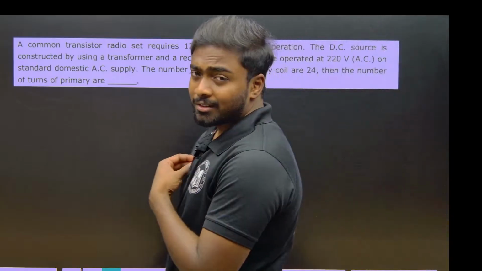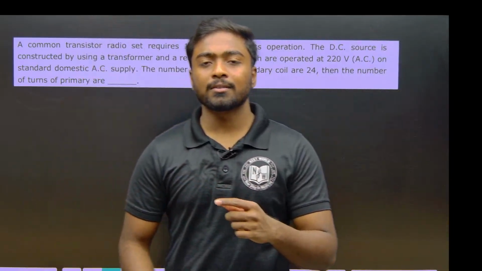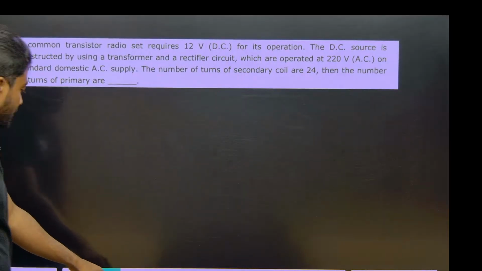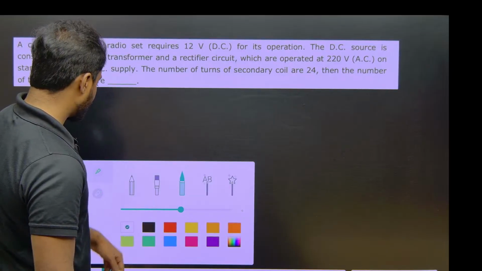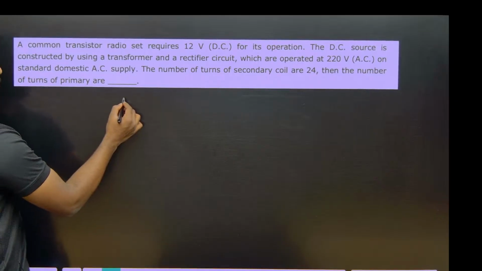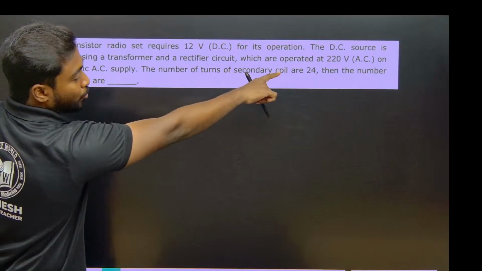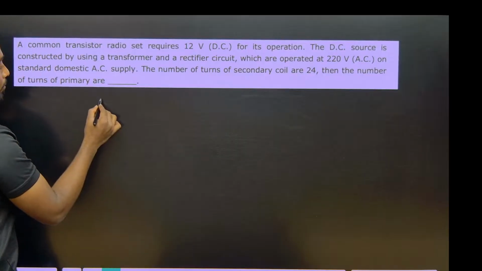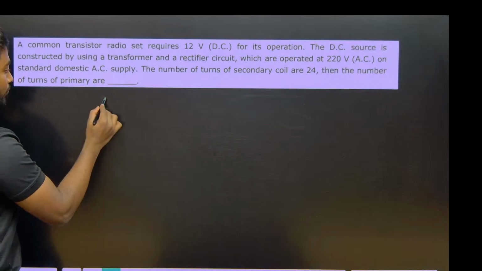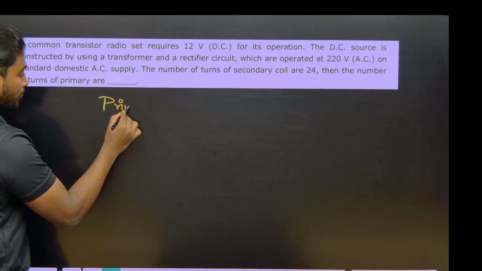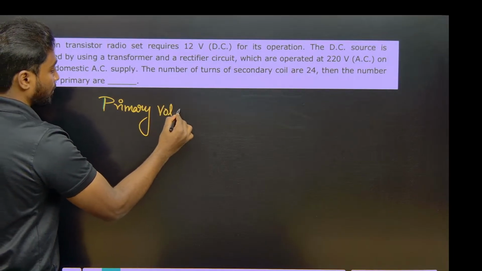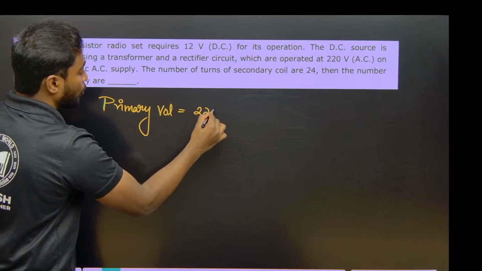We know that the voltage and the number of turns are directly proportional to each other. What are the given terms here? Operated at 220 volt AC, so the primary voltage is 220 volt.